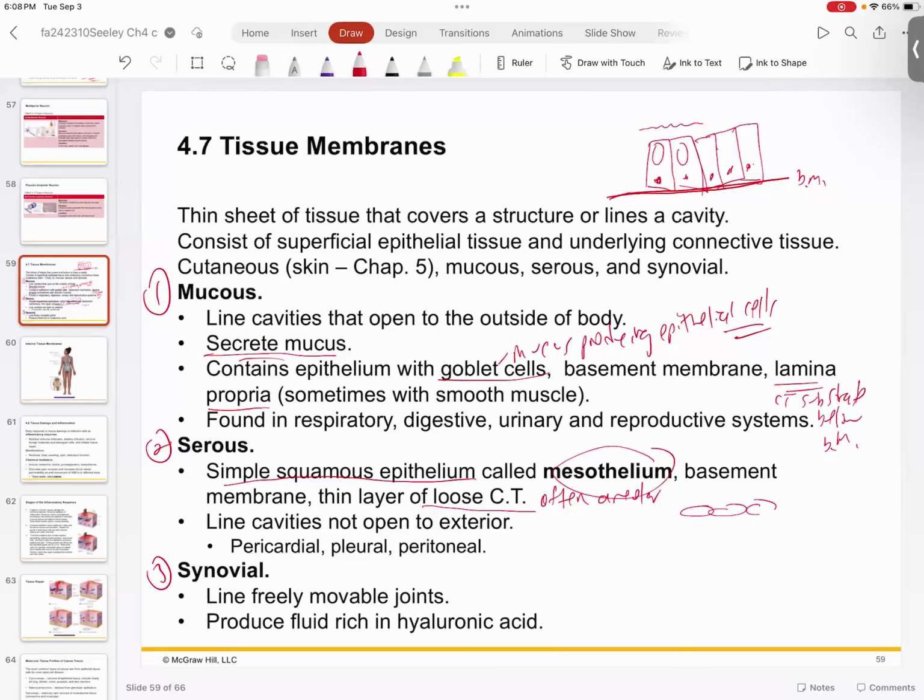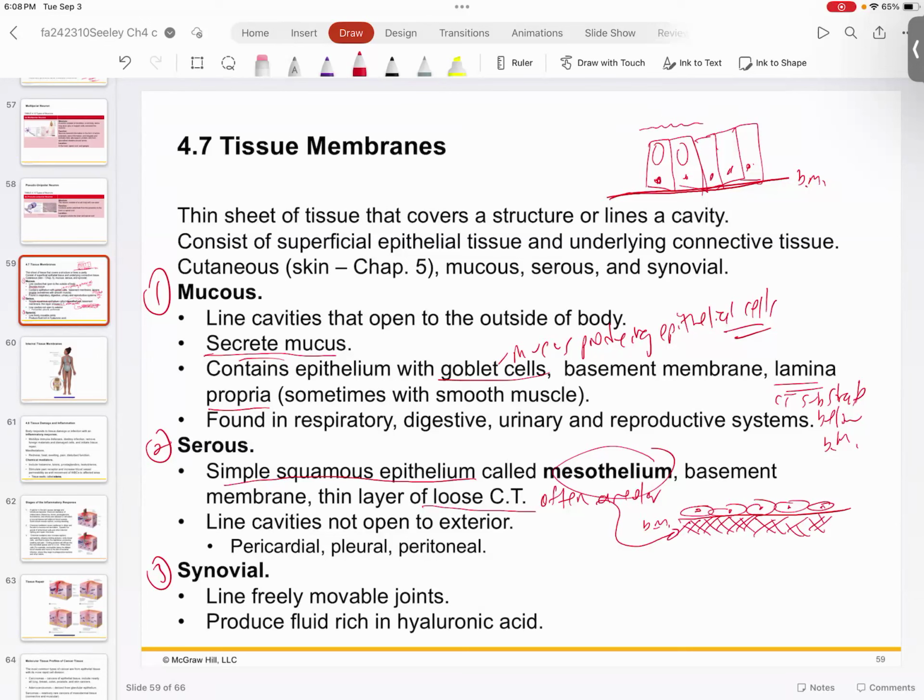There's your flat squamous cells, our basement membrane, so that means it's simple. And underneath here is going to be a layer of areolar, but it's pretty thin in nature.